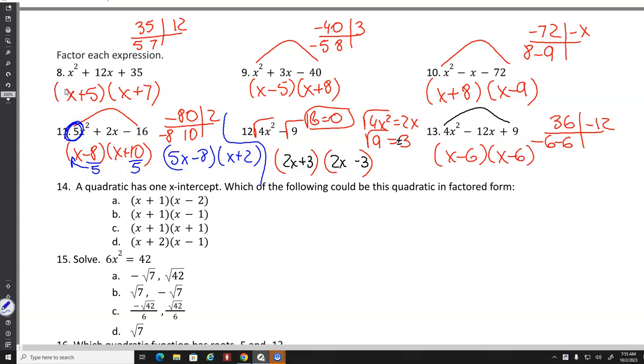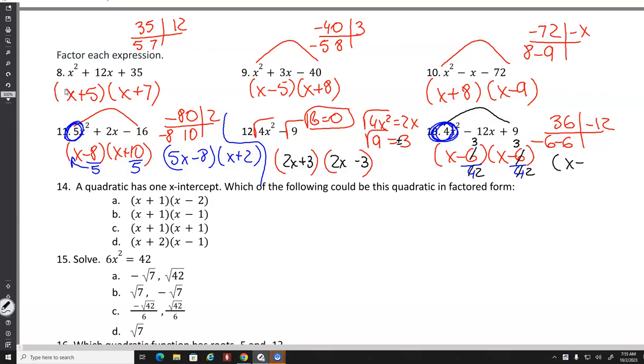Now, of course, again, we have 4 as a leading coefficient, so I got to divide it by 4. Well, this does not divide pretty. So instead of putting the 4 in the front, I can simplify the 6 and the 4, okay, and divide each of them by 2. So that's 3, and that's 2.